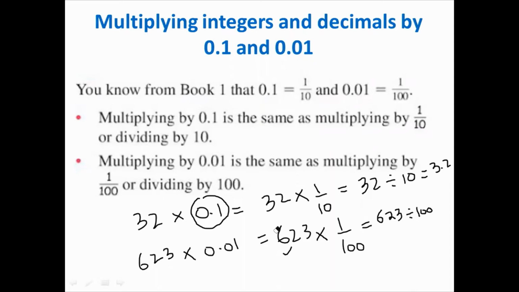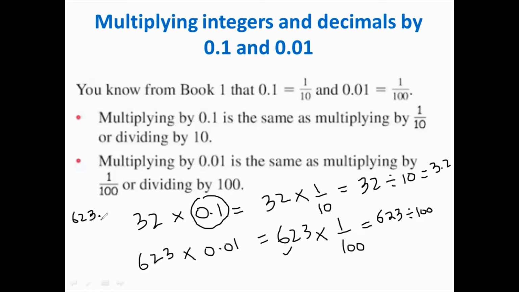Correct answer. So dividing by 100, here I will again write this number 623. I cannot see any decimal point, so I will put the decimal point at this place, and I can put 0 for my convenience, or you can skip it.